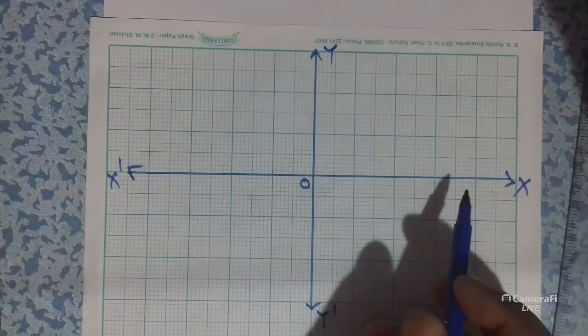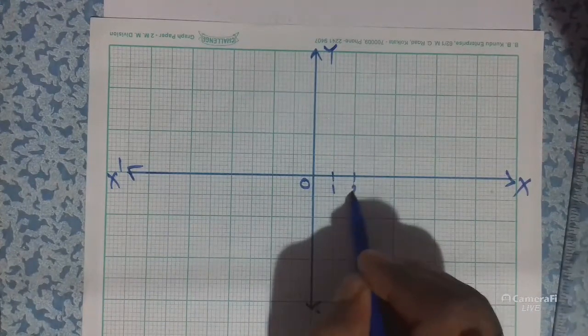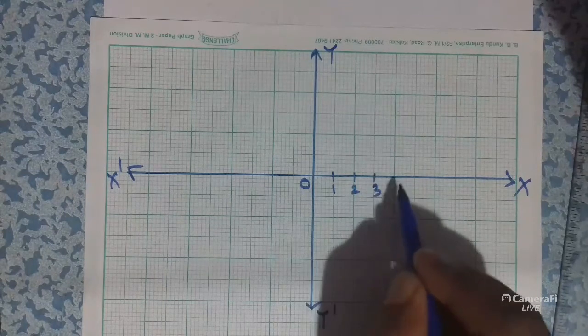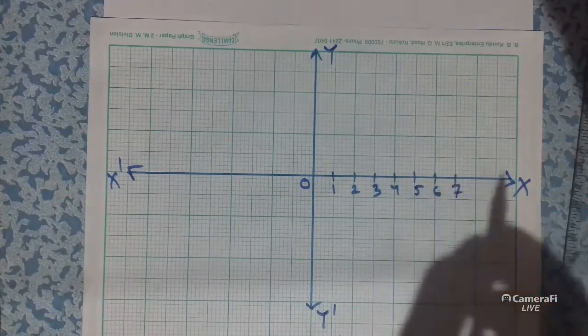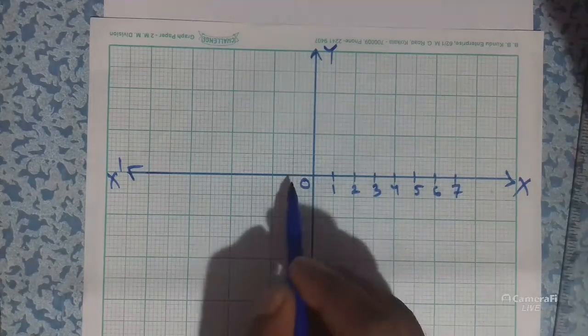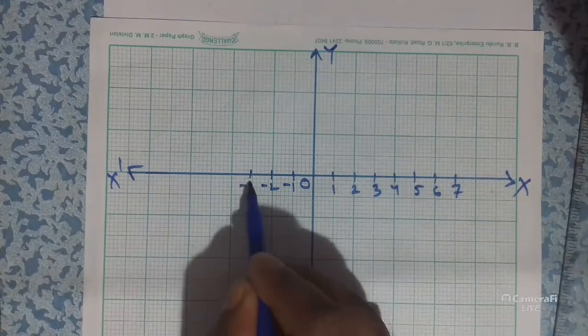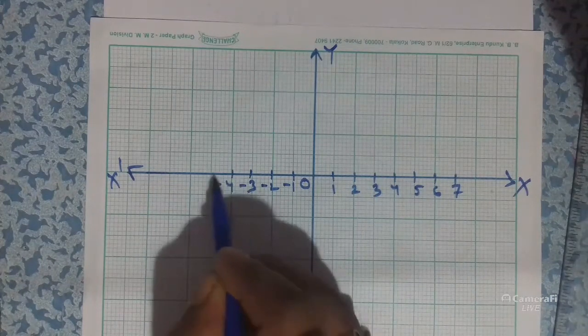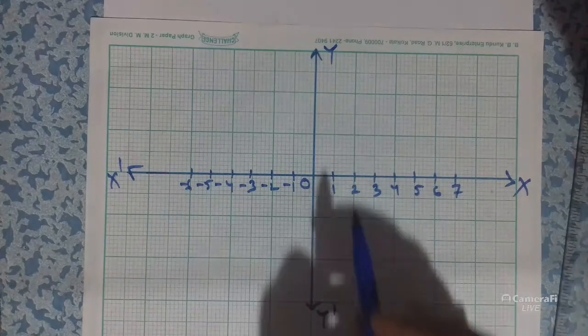Now from the origin to the right hand side we have to take some positive points, that is 1, 2, 3, 4, 5, 6, 7 like this. And to the left hand side we have to take the negative values, minus 1, minus 2, minus 3, minus 4, minus 5, minus 6.